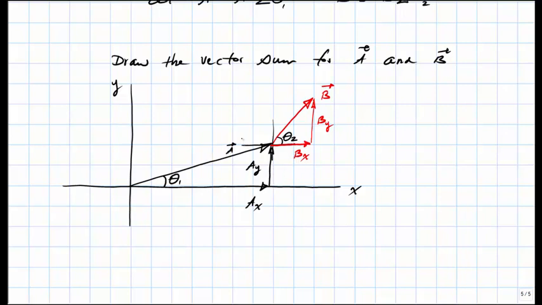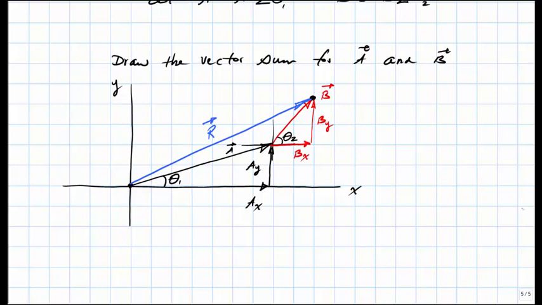Next, I'm going to draw the vector r. And as you recall, vector r is drawn by connecting the origin to the tip of the last vector. So let's connect those two dots, and this is the vector r. There is our vector r in blue.